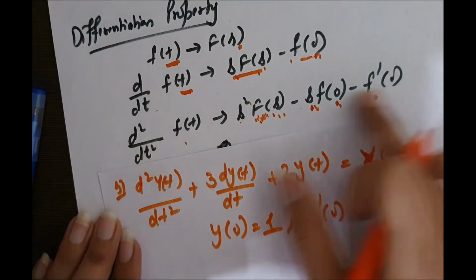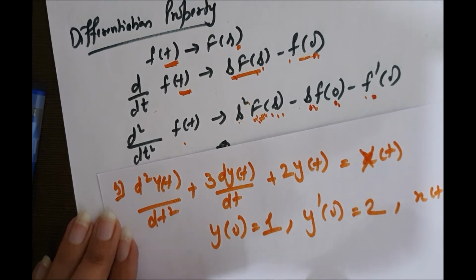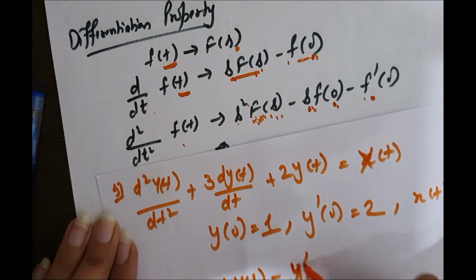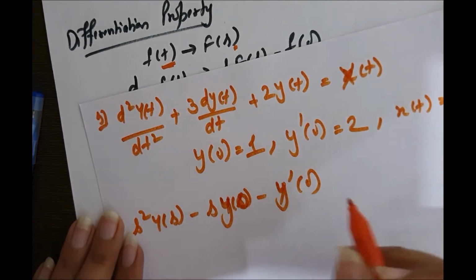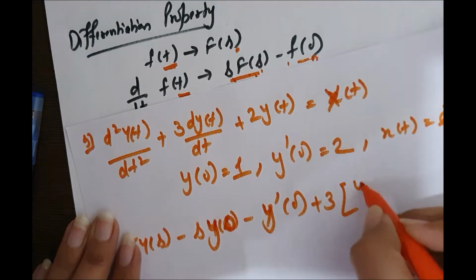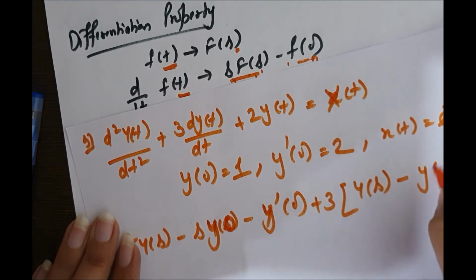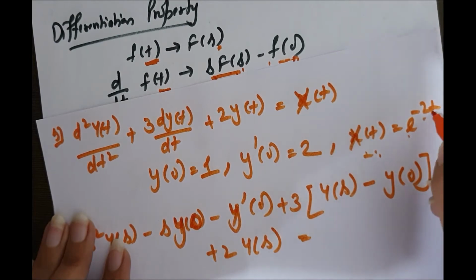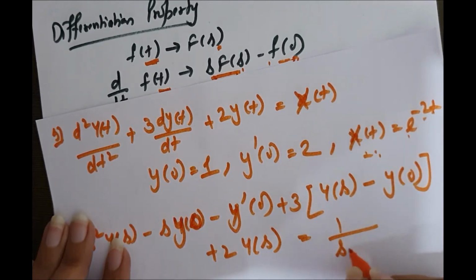Now double differentiation for this, s square Y(s) minus s y(0) minus y dash (0). Here this is 0. Here this is 0 plus 3 Y(s) minus y(0). Now this x(t) is exponential minus 2t. This will be s plus 2.